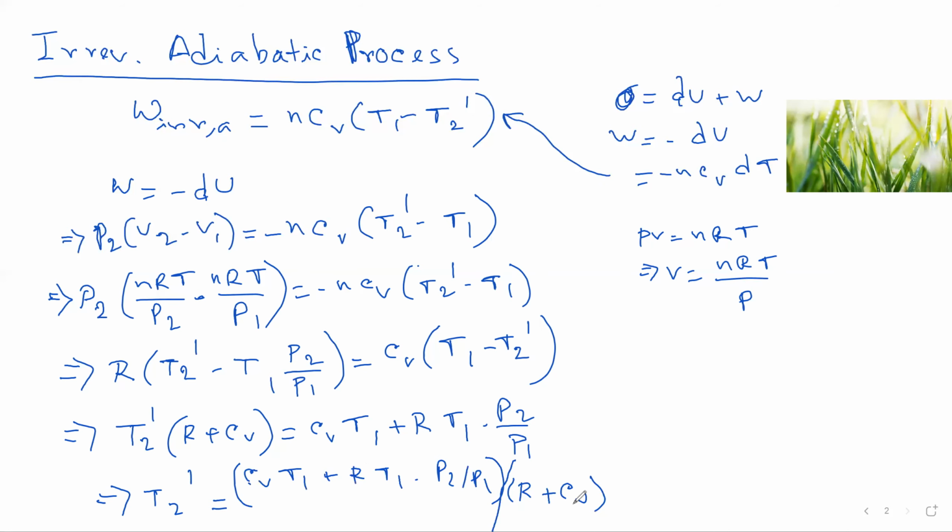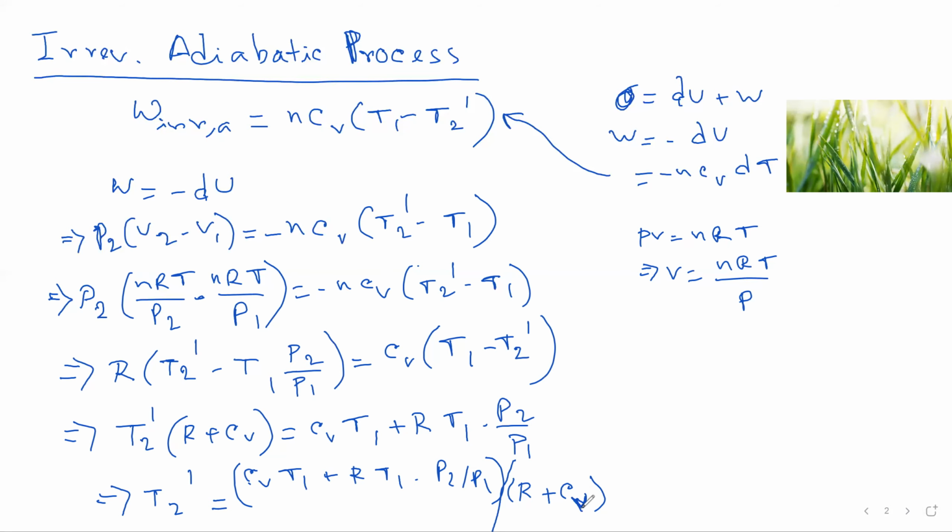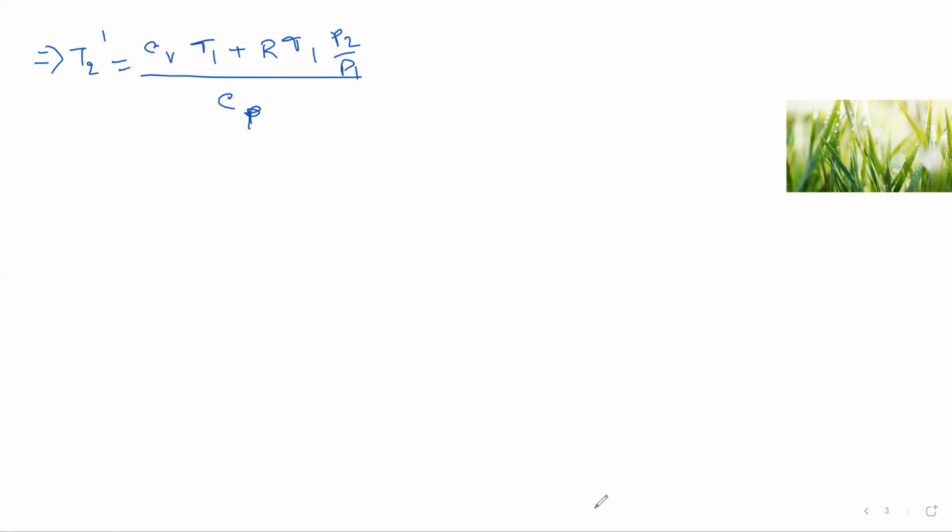Okay, so now we can write this as T2 prime is equal to Cv T1 plus R T1 P2 by P1, divided by Cp, because it was R by Cv, and we know that R plus Cv is equal to Cp, so I have only written Cp instead of R plus Cv. So we can write T2 prime is equal to T1 by Cp into Cv plus R P2 by P1.